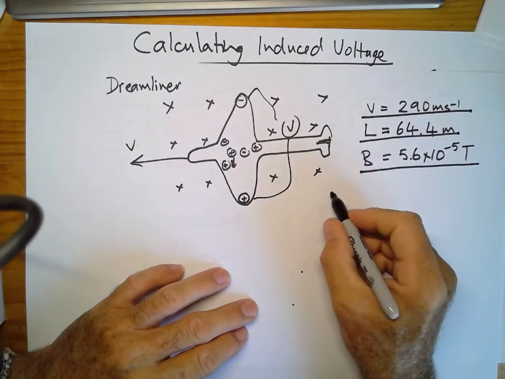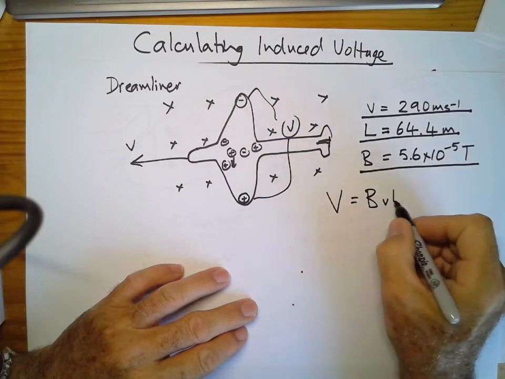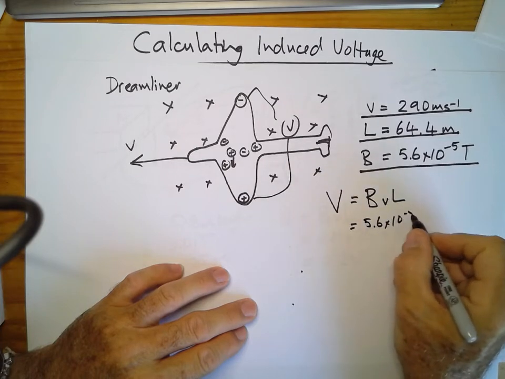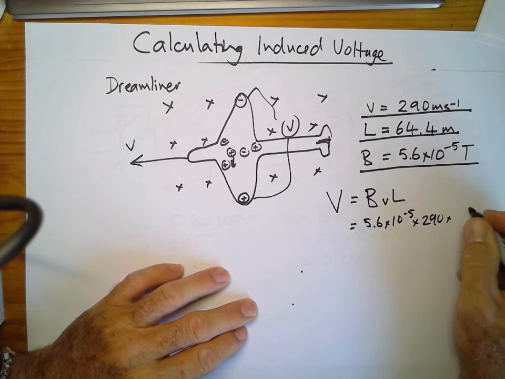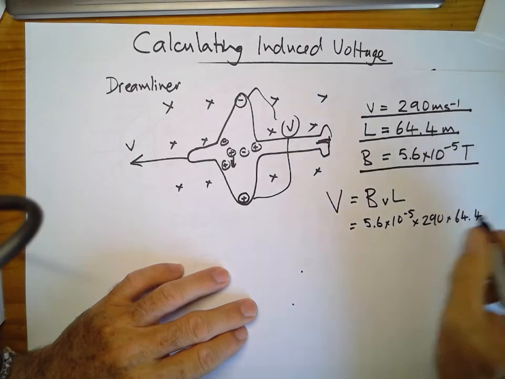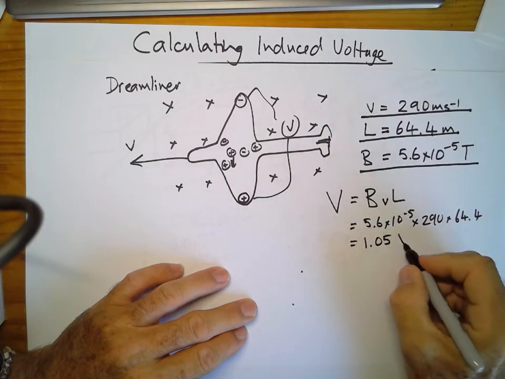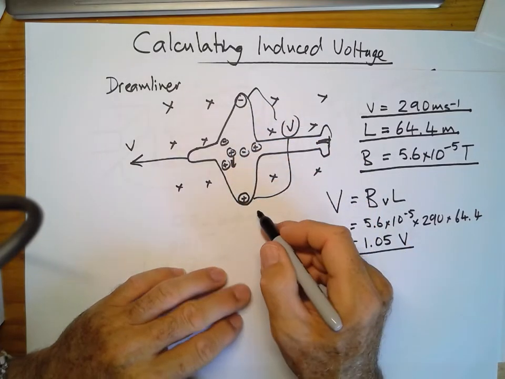And again we have V equals BvL equals 5.6 times 10 to the negative 5 times 290 times 64.4, and the answer is 1.05 volt. That's the voltage between the wings of the airplane.